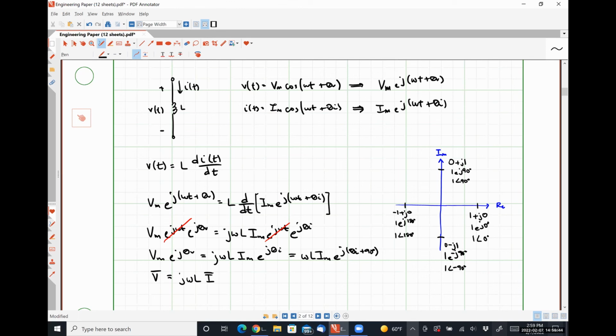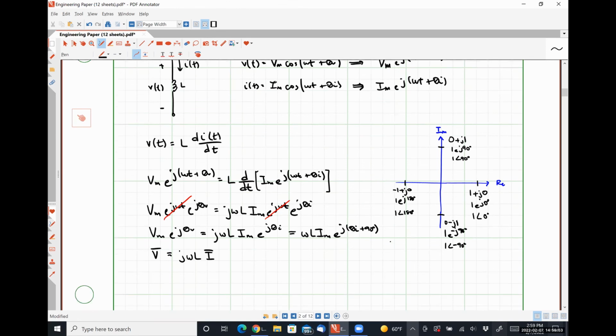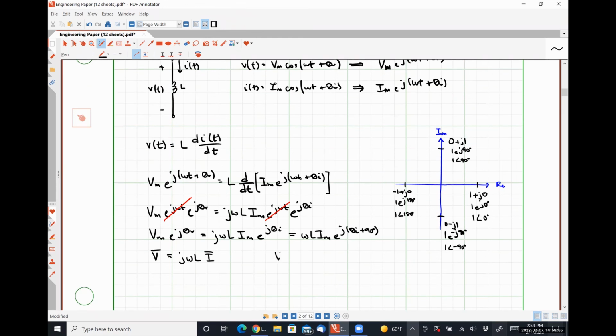Now, if we look at the left-hand representation and the right-hand representation, what we can see is that the magnitude of my phasor voltage is simply omega L times Im.